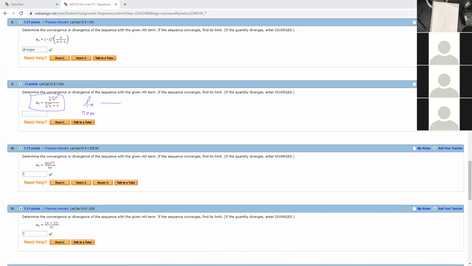Instead of radical form or root form, we can write it as n to the what power? 1/5. And the same thing in the denominator. n to the 1/6 plus 4.